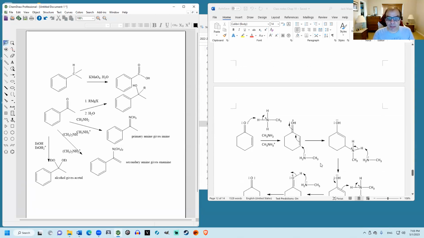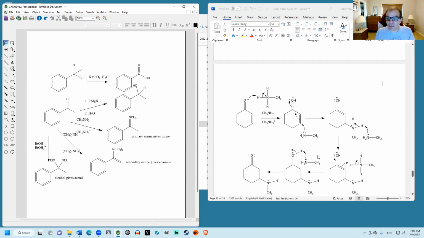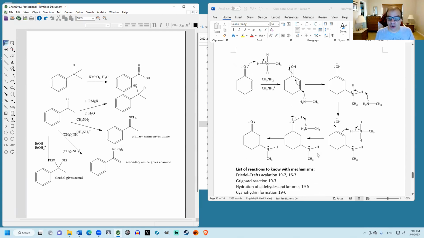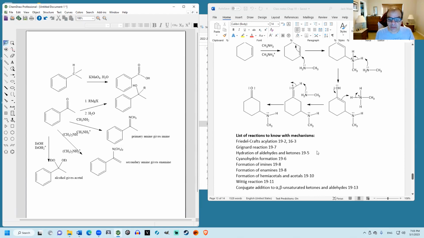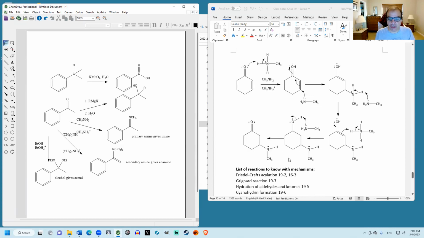And we gave an example of a conjugate addition in the class notes. So this edition of the class notes has all of the mechanisms in there. Well, maybe not cyanohydrin formation.